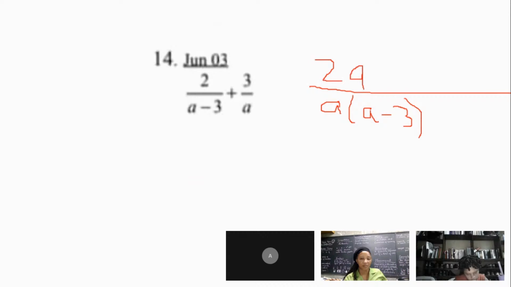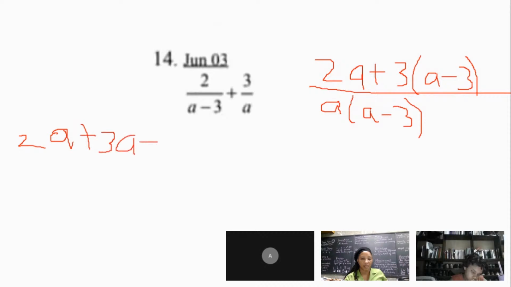And then a into a times a minus 3 would cancel out the a. This a would cancel out that a. So we're left with this times this, 3 times a minus 3. No, don't expand it.